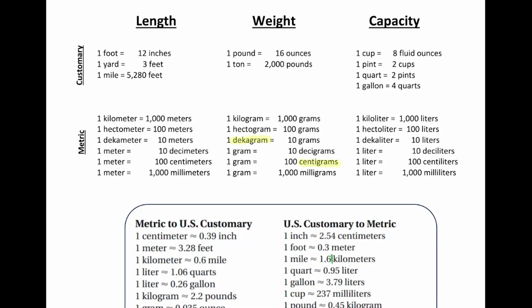It doesn't say like 1 centigram is however many decagrams or vice versa. But with the conversions that are given, you should be able to still get there. It just might take multiple conversions. So for instance, we can go from centigrams to grams, and then from grams to decagrams, but maybe not just directly.